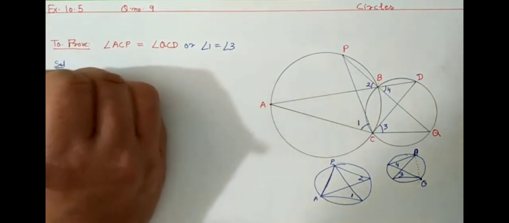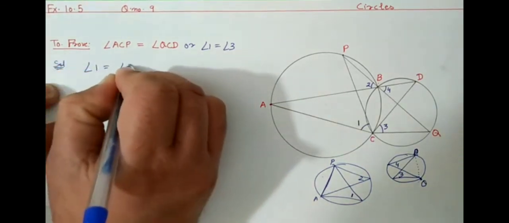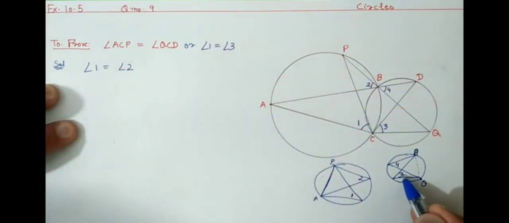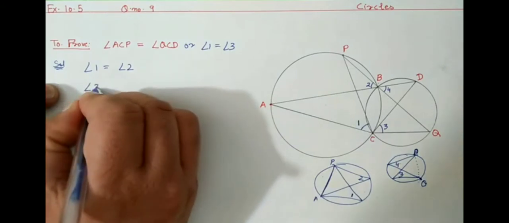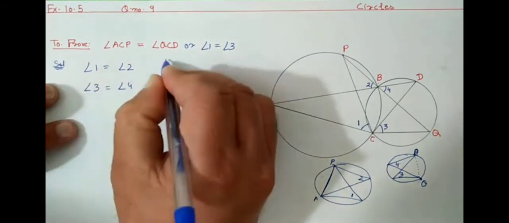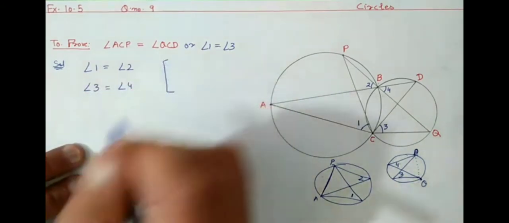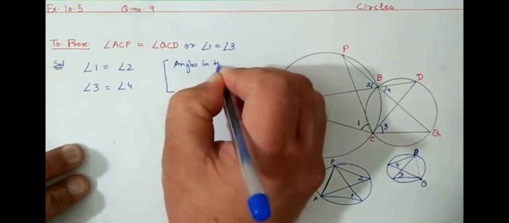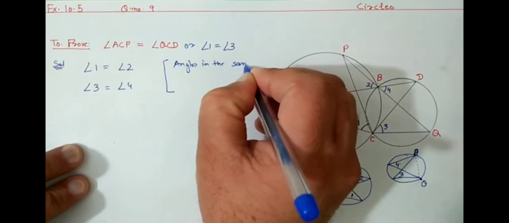Now the solution: angle 1 equal to angle 2, and in the other circle angle 3 equal to angle 4. The reason is the same: angles in the same segment.